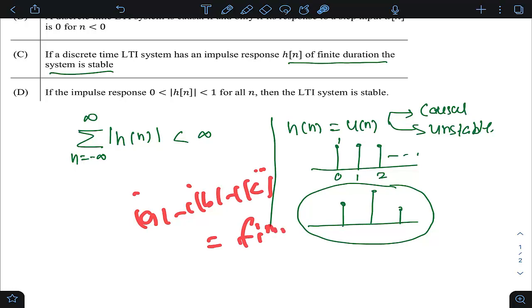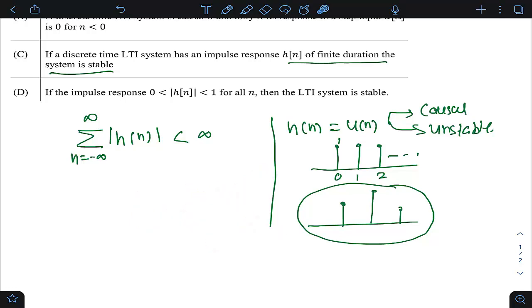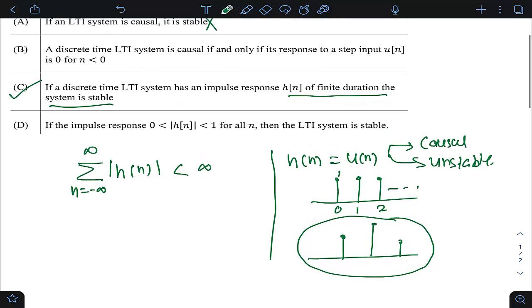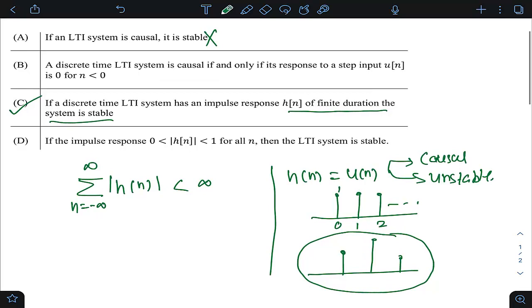It will never go to infinity. So yes, it is true. But here we are assuming all the samples are of finite amplitude. If any of the amplitudes is infinite, it will not satisfy. But by default, we assume these samples are of finite amplitudes. So option C is of course a correct statement.